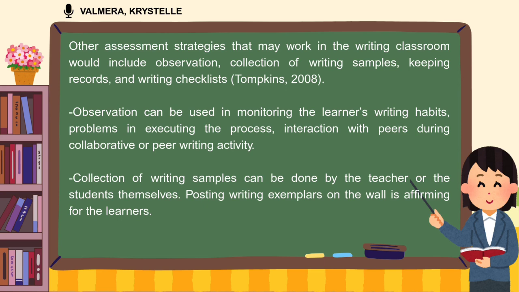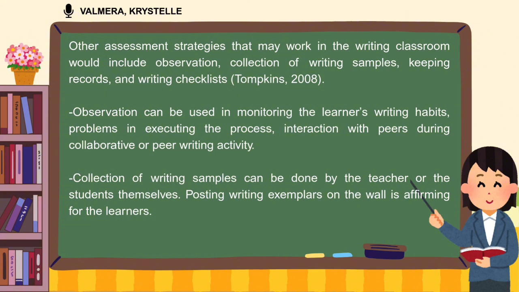And it can help us to clearly understand what our students are like, how they write, how they interact, and so on. It helps us teachers identify what type of learning strategy we are going to apply to fit our students' learning needs. So next is collection of writing samples.